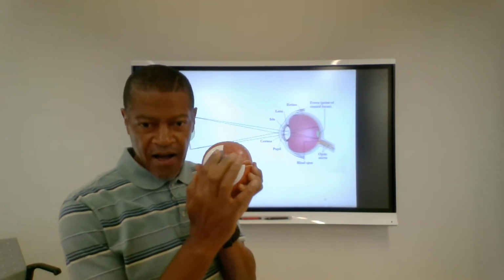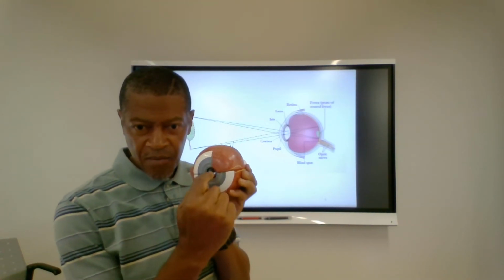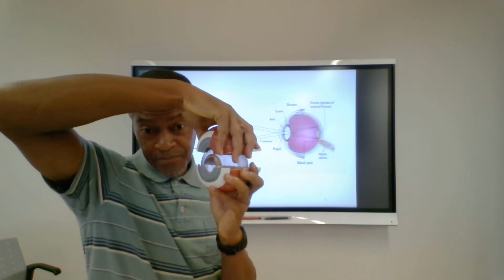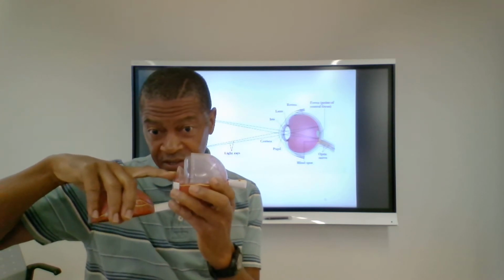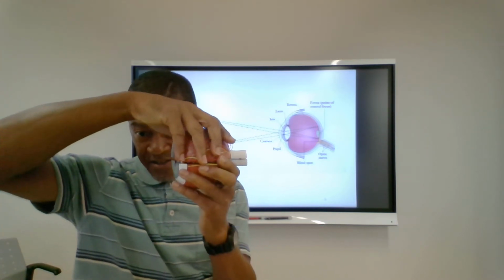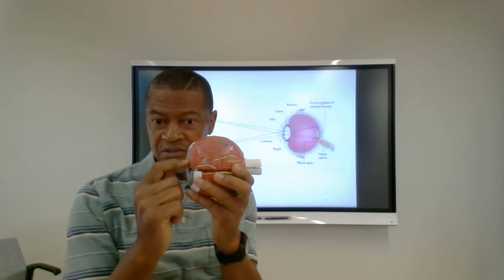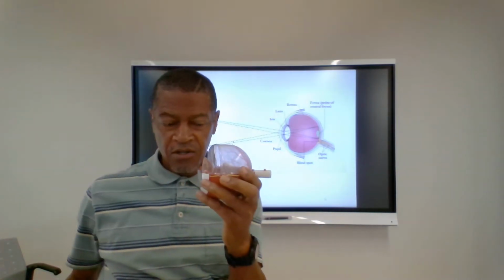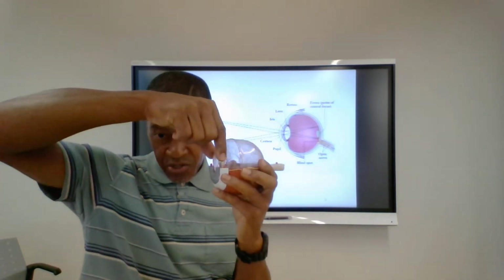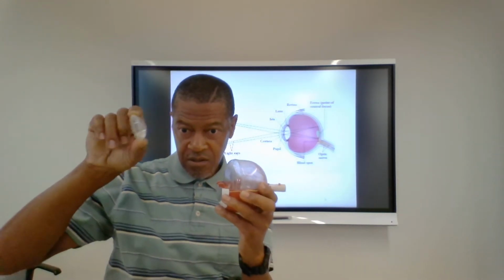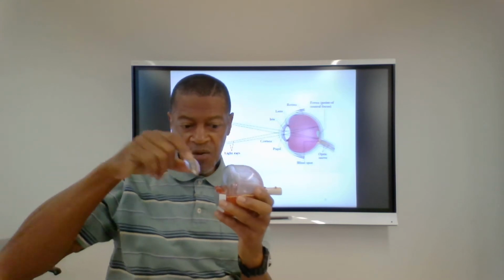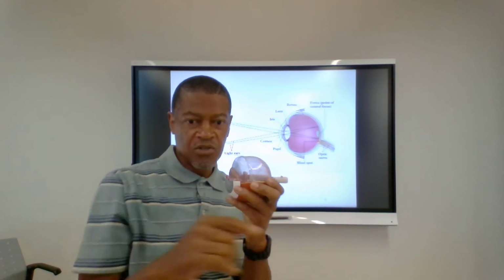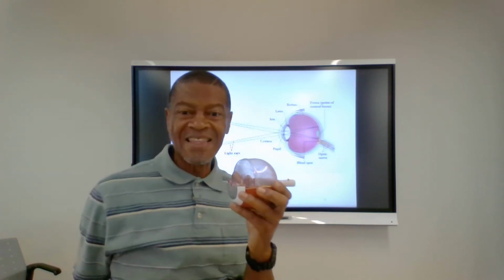So iris, pupil, pick this apart, and look inside. There's the lens right behind the iris. Take the lens out, look at the shape of the lens. So depending upon the shape, it helps to refract the image so we can get to the back part of the eye where the retina is.